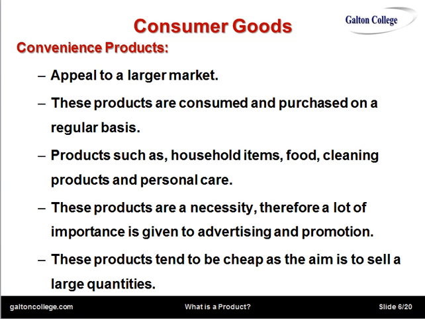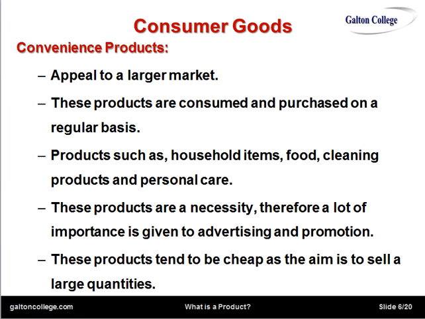Consumer goods. Well, there are convenience goods. These appeal to a large market. They're normally consumed and purchased on a regular basis. For example, convenience foods. There could be household items, cleaning products, personal care, something which is just convenient, easy to purchase, doesn't require a lot of thought, and just makes life easier.